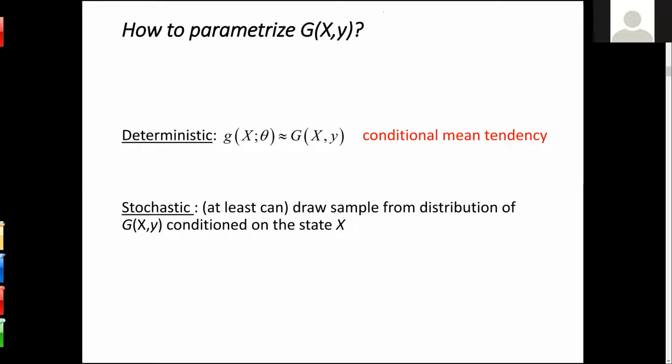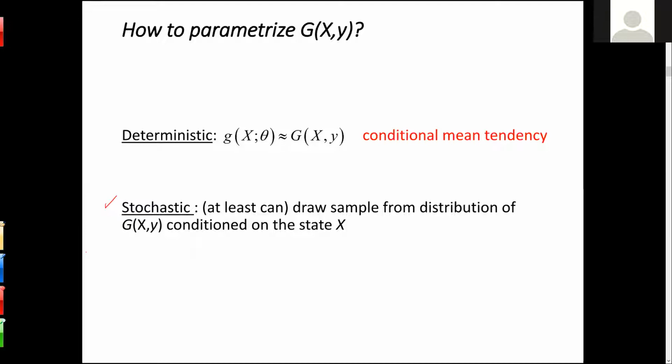So deterministic includes conditional mean tendency. It's conditional because it is conditional on X. That is usually the case. It is conditional on the state of the resolved variables. It is rarely the case that it doesn't depend on X. All right, or the subject of this talk, stochastic parametrization.